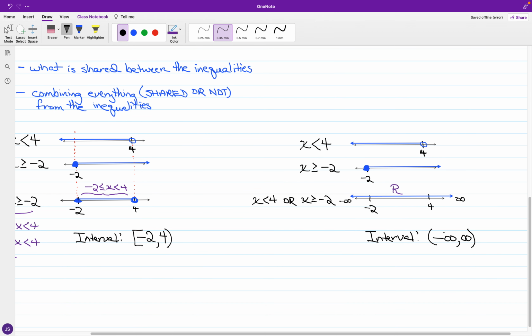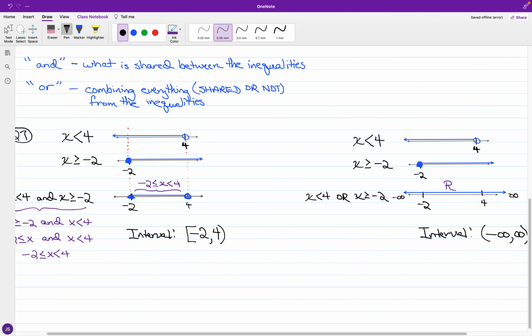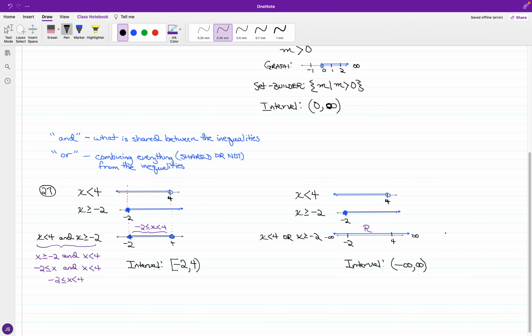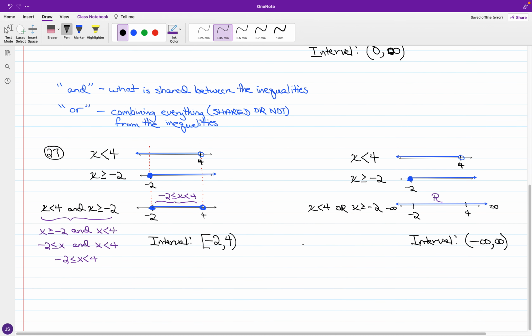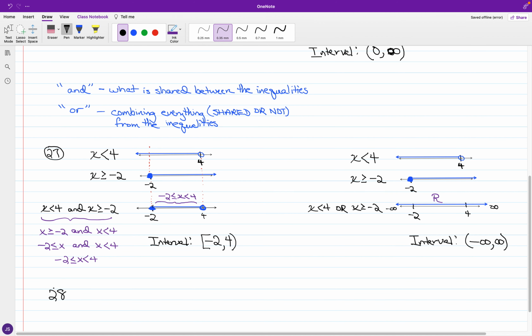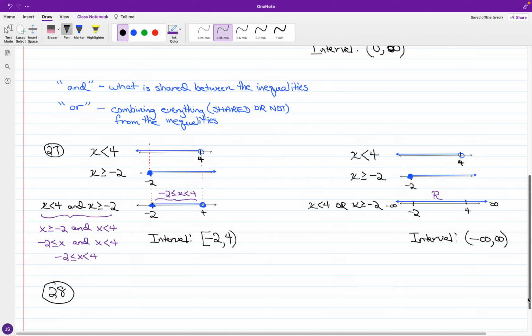So that's the fine line that distinguishes and apart from or. And you're looking at limiting to only the shared values. With or, you're looking at combining everything that exists between the inequalities.